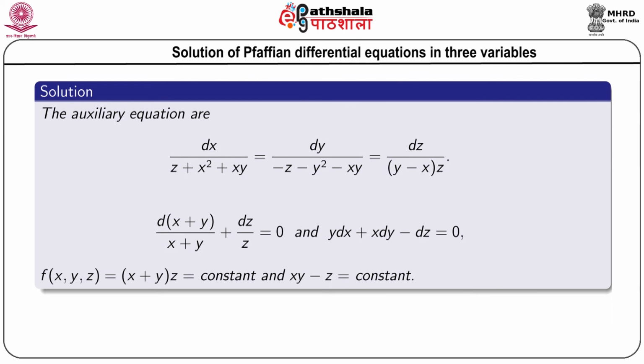This is one integral: (x + y)z equals constant and xy − z equals constant. This is the other integral of this simultaneous equation. Therefore, these two equations together give the solution of the simultaneous equation. So, this is the solution of the given Pfaffian differential equation.